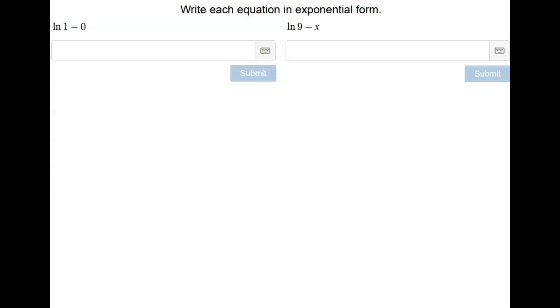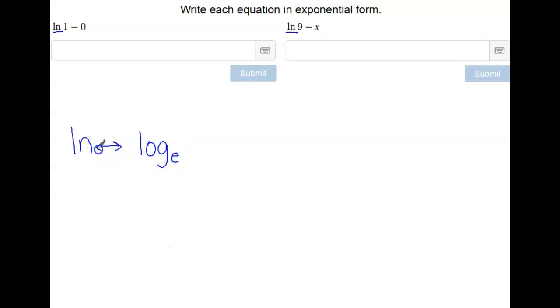Okay, so now what we're going to do is write each equation in exponential form, but you notice that we have a little bit of a different notation. We don't have log anymore, we have ln, which is the natural log. So anytime that you see ln, it is equivalent to log base e.